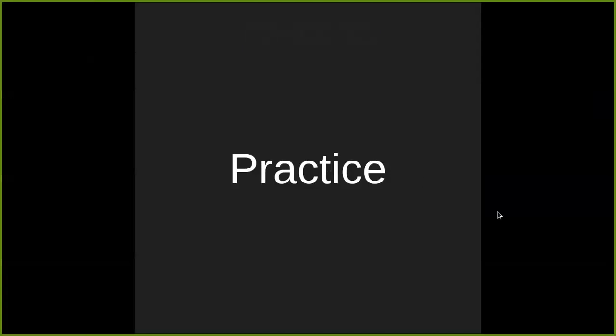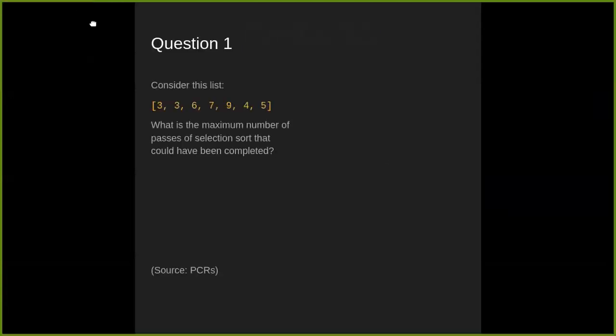Okay, so now we can continue with the first practice problem. This was a PCR problem. Somebody asked a question about it, and I didn't really understand what this problem was even asking when I first saw the question on Piazza. But it basically says, consider this list, and what is the maximum number of passes of selection sort that could have been completed?